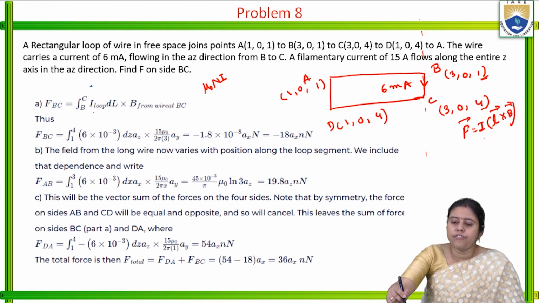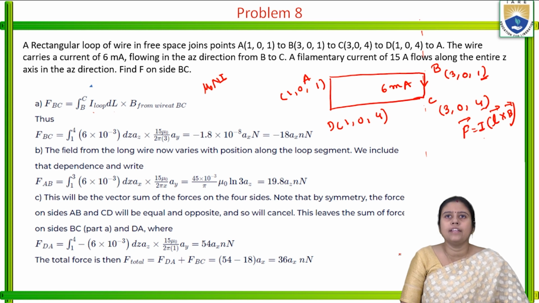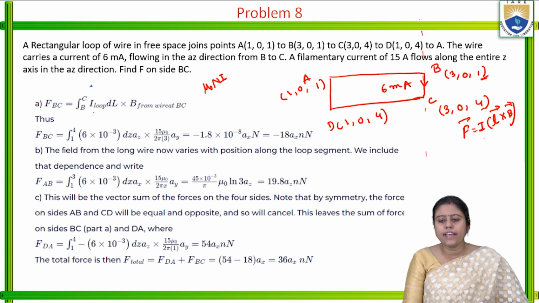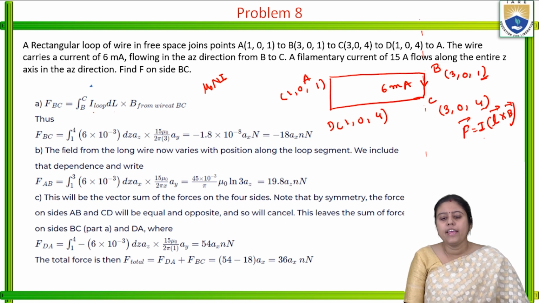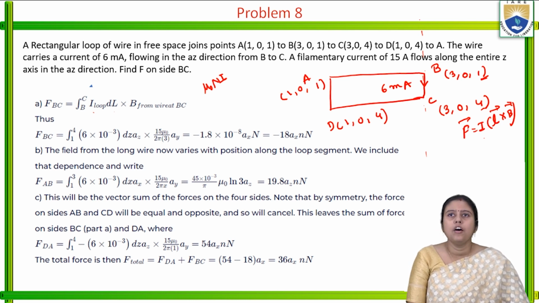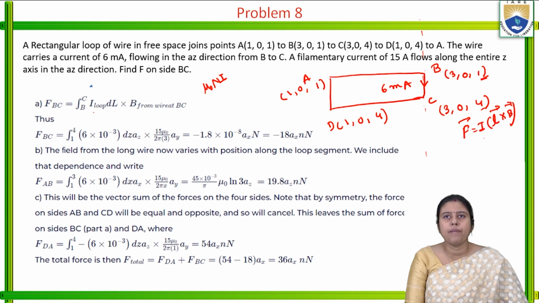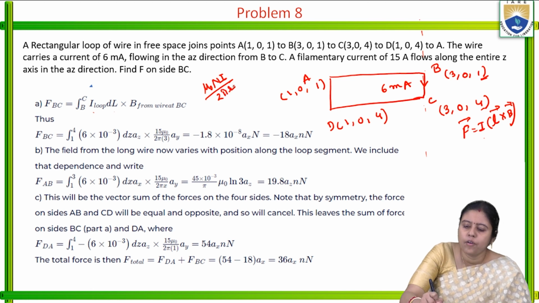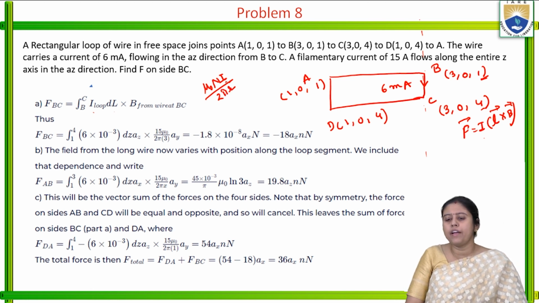For this total line, I is 15 ampere, into mu naught. Mu naught is 4 pi into 10 to the power minus 7, by 2 pi r. Why are we taking the 2 pi r value?